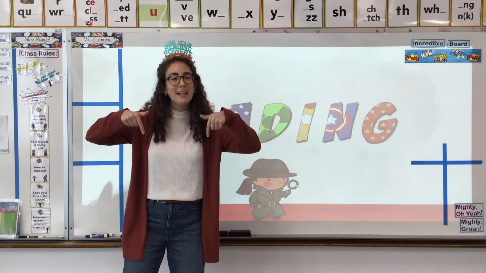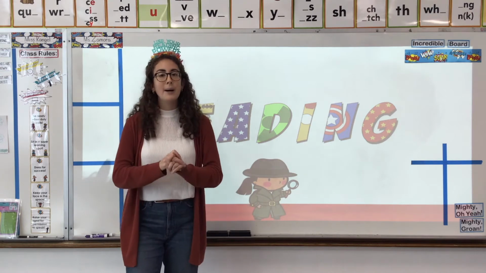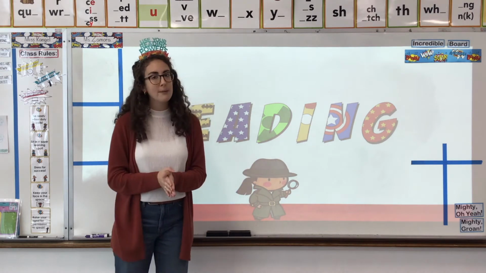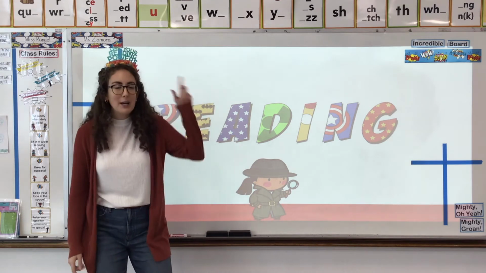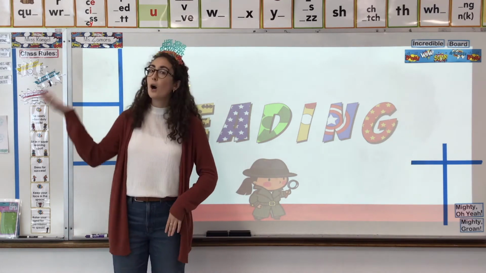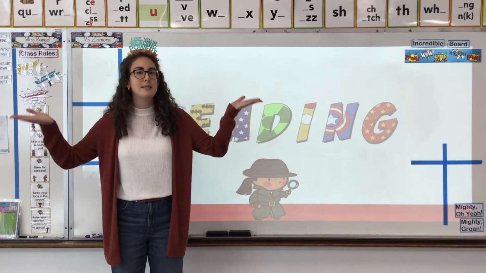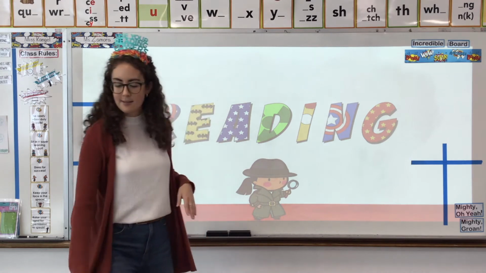But today we're going to introduce our final O team of the month. But before we meet our next O team, what do we got to do? We have to speed decode, of course, with our last O teams, OU and OW. So get that brain turning and let's start decoding.